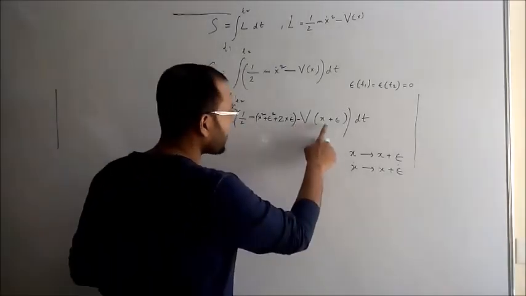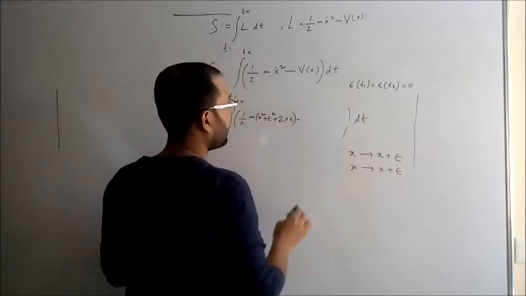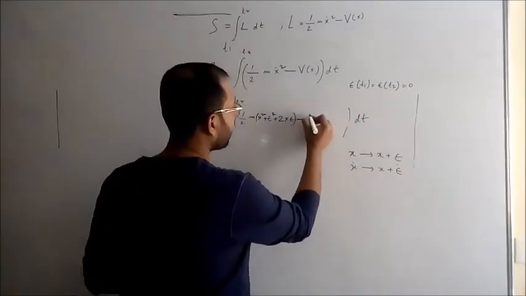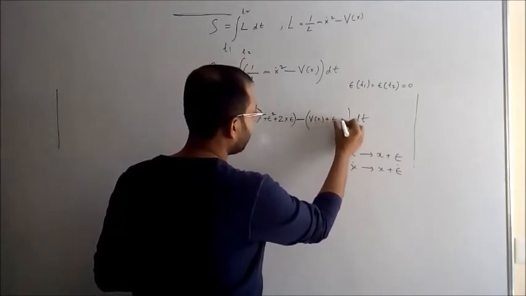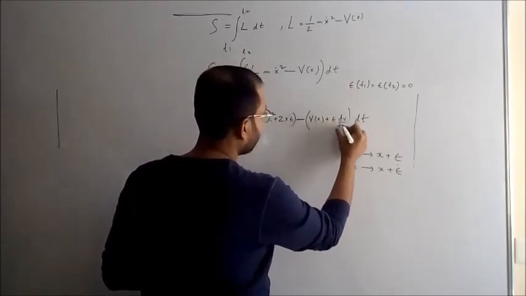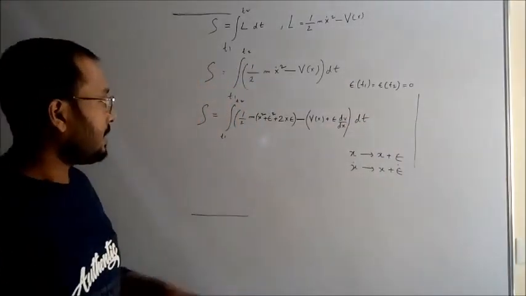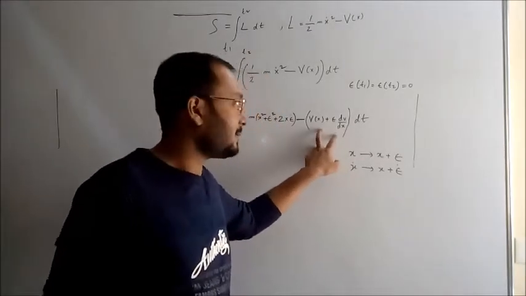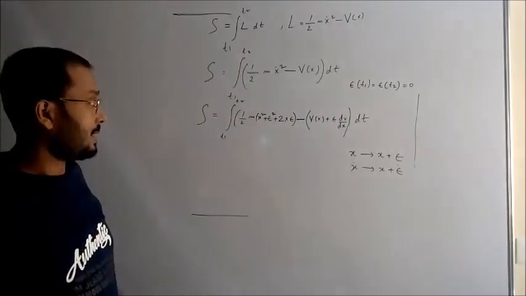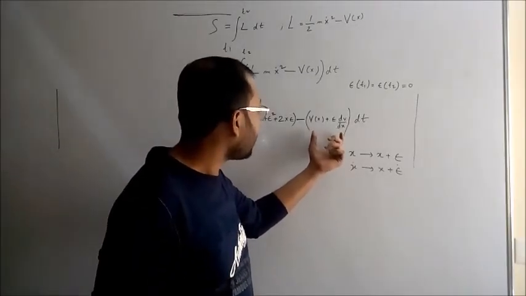So if we Taylor expand this quantity, erasing this and writing the Taylor expansion in its place, I get V of x plus epsilon dv by dx. This is the curtailed Taylor expansion of v of x plus epsilon. Of course, this is not exactly equal to v of x plus epsilon.